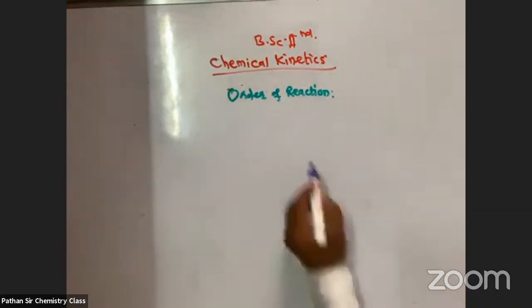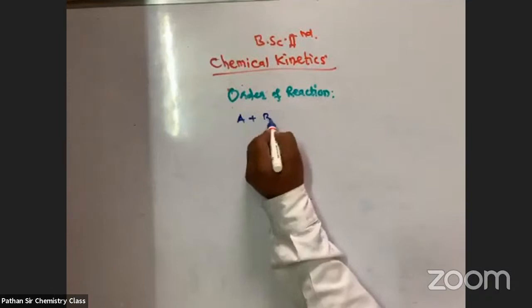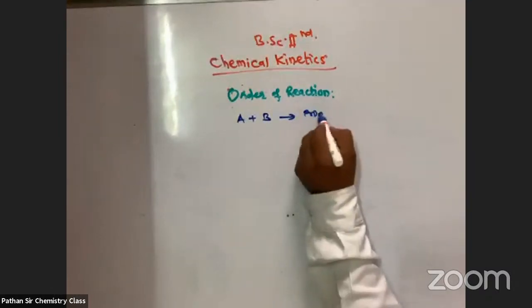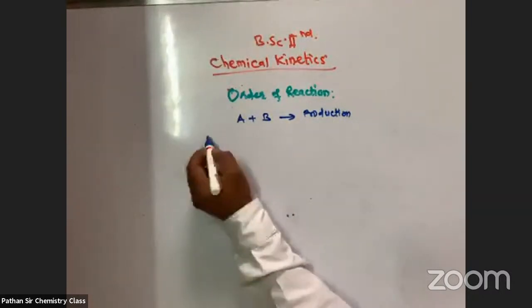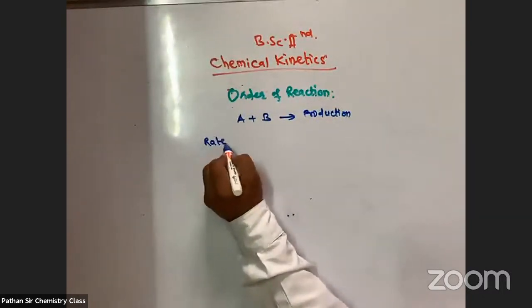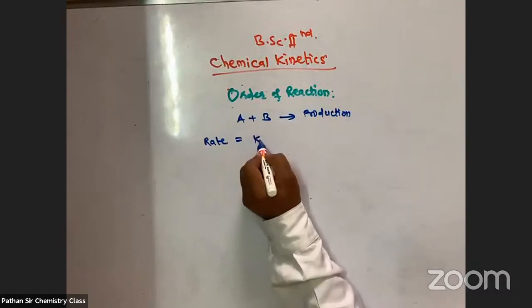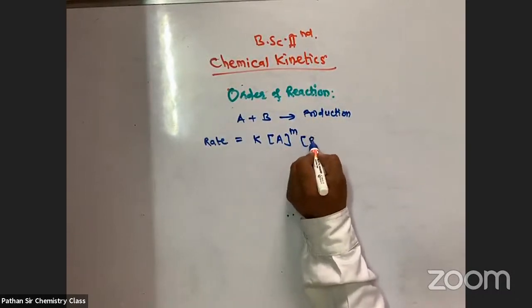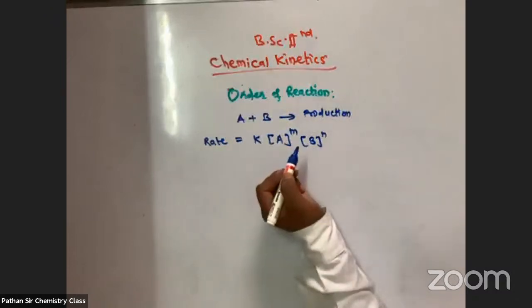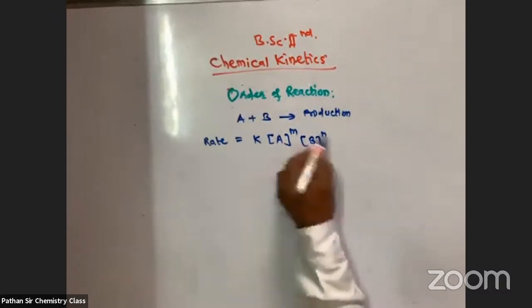Say you have the reaction A plus B gives product, and you found out its rate law as rate is equal to k [A]^m [B]^n. So this is the rate law for this reaction.